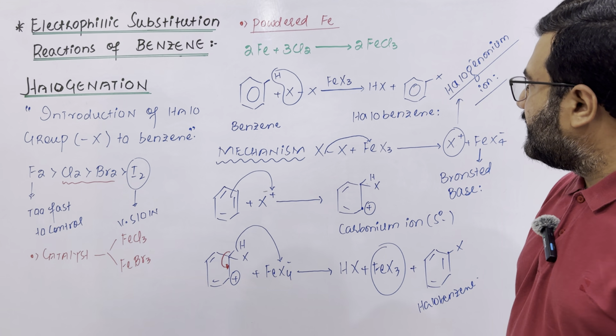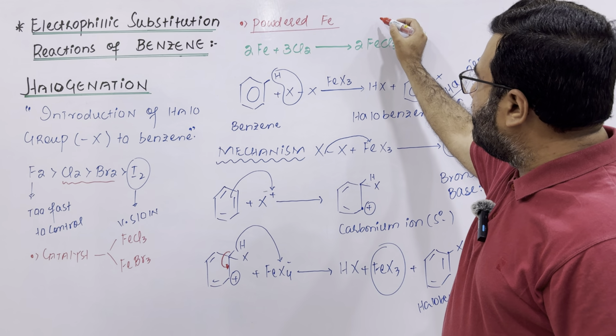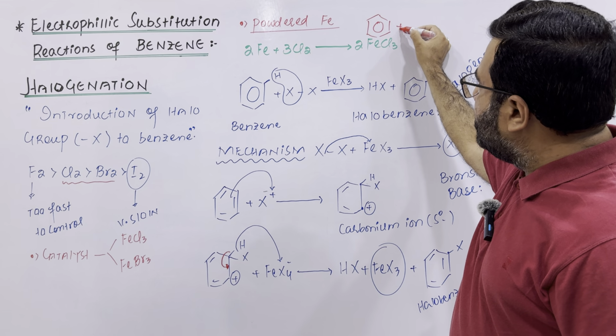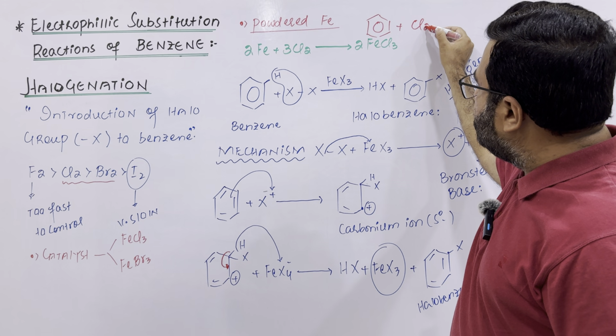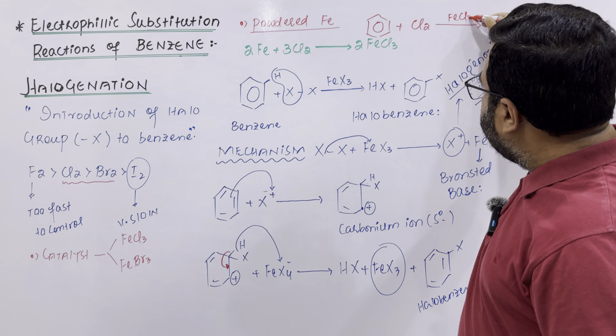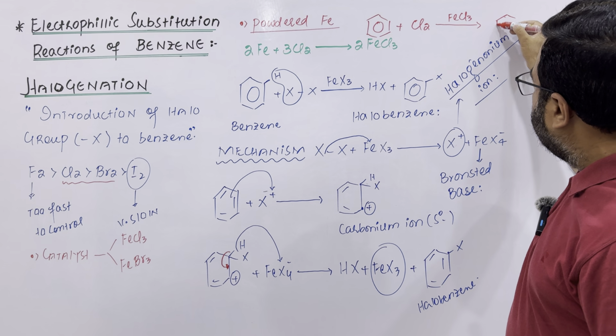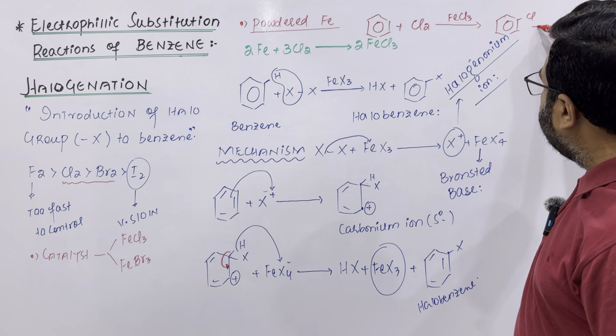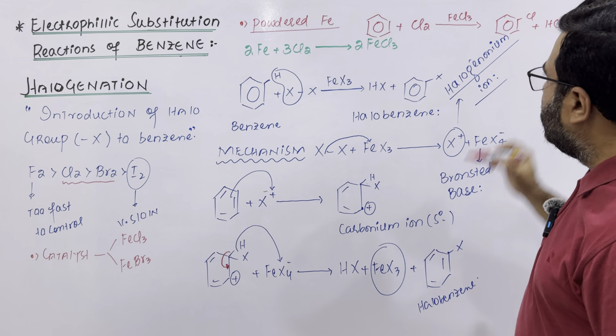Now, my dear students, if you want to discuss some examples, that will be very simple. This one is benzene, and if chlorination is there, chlorine will react in the presence of FeCl3, and you will get chlorobenzene plus HCl.